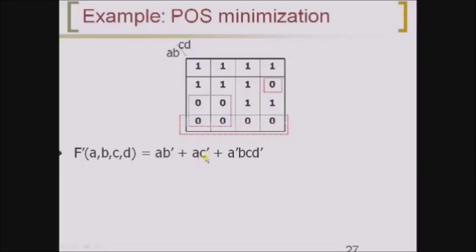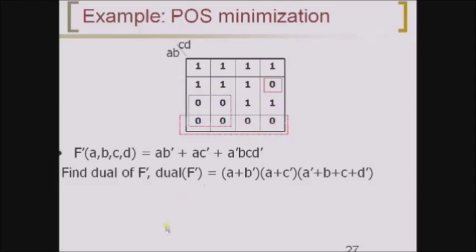So the expression would be A C bar plus, as I told you, if you are going with only one cell, a group of one cell, you will be getting 4 literals, that is A complement, B, C and D complement. Why? Because throughout this particular row the values of A and B are constant, and throughout this particular column the values of C and D are constant. So we have got F complement.